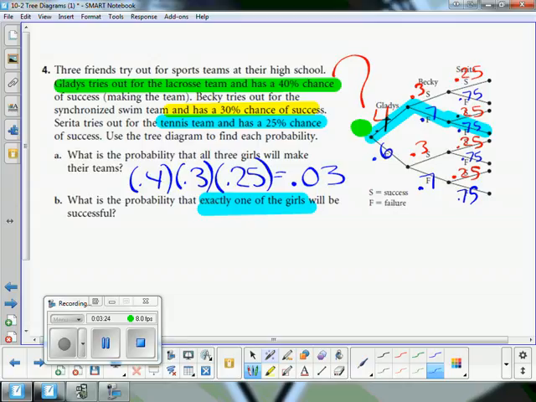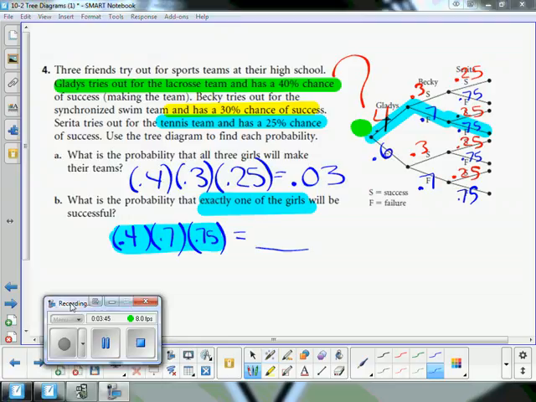So that's one of the paths that we need to worry about. And how would I find the probability of that path? What 3 numbers would I multiply? 0.4, 0.7, 0.75. So that's one answer that I'm going to need. Let's have someone work on that now. Go ahead and multiply those for us.